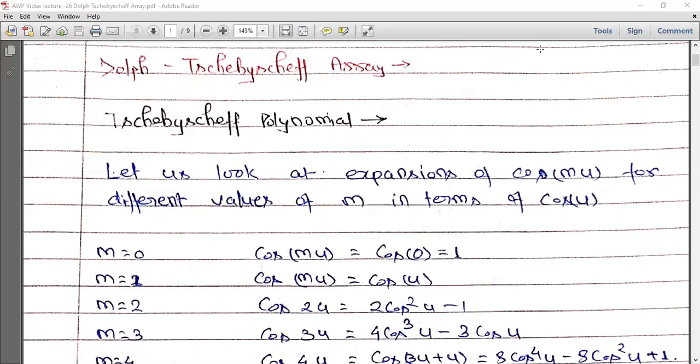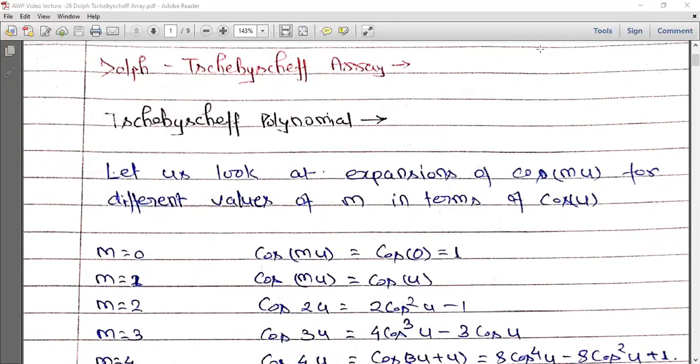Today we are going to the second non-uniform antenna array, which is the Dolph-Chebyshev antenna array. This array was basically designed by Dolph, and then modified by Chebyshev and many other researchers.